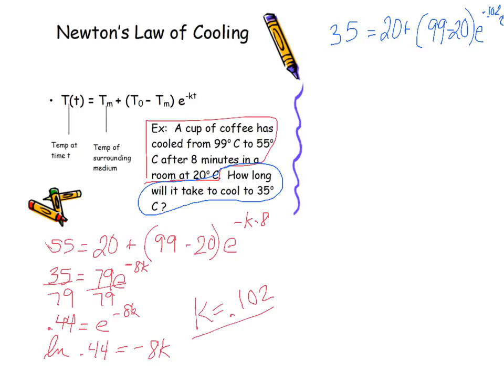It's going to get solved exactly the same way. It's just that this time I know K instead of T, but they're both that little exponent. I'm still going to start off by subtracting 20 and doing inside the parentheses. I'm going to divide by the 79.